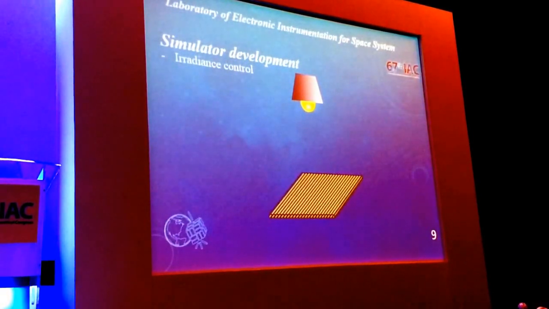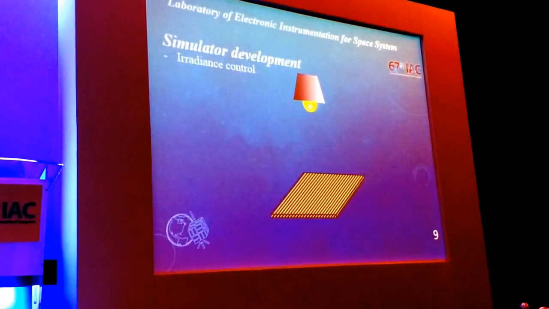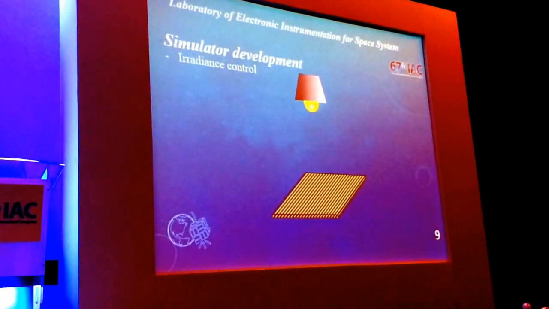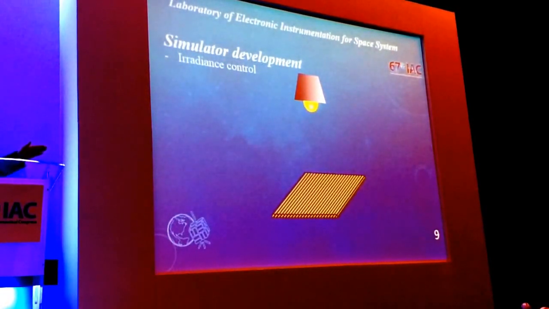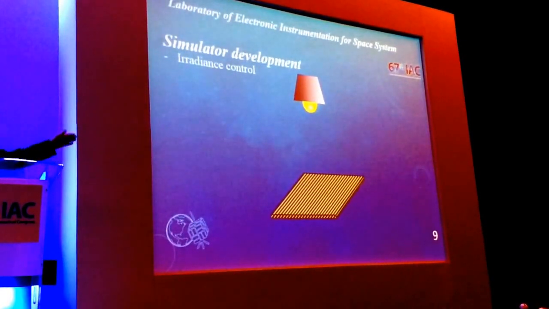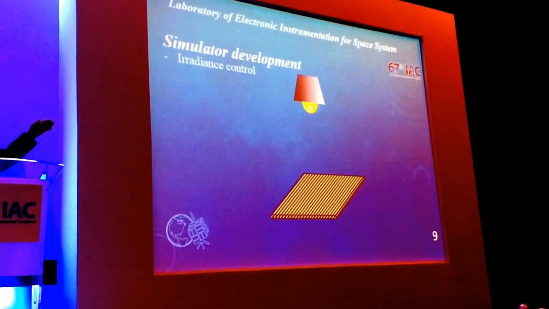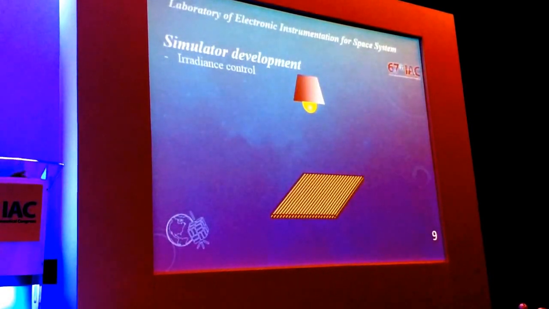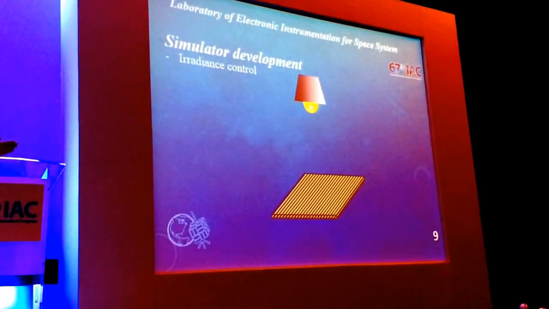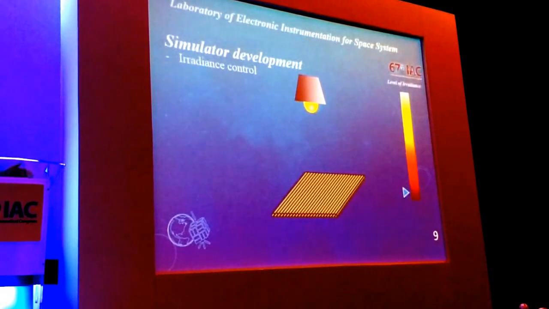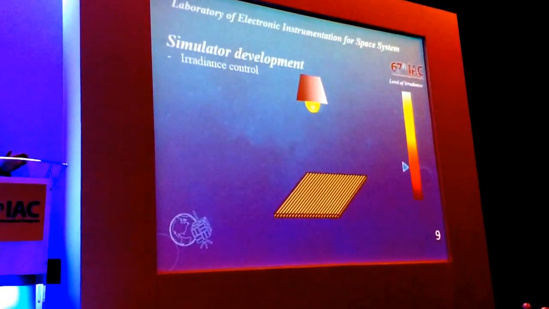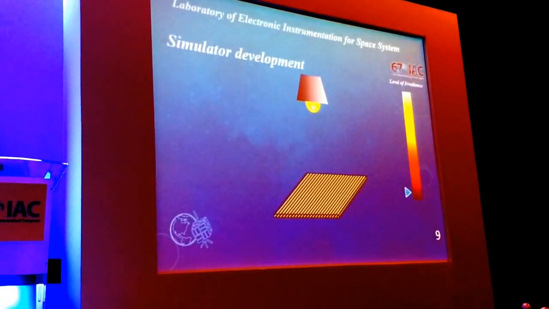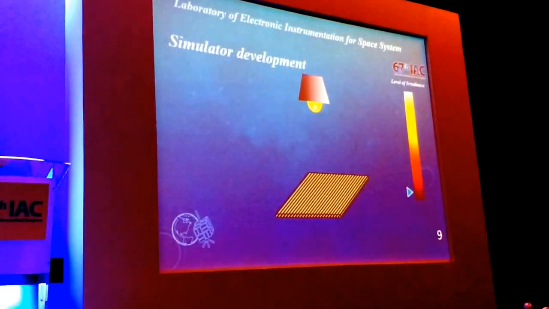And the end result of this investigation was to develop a simulator that has the capability to move the distance between the test plane where we put our photovoltaic panel, and a fixed light source. I prefer to show you how this works. We have, for example, here a test plane, and when the distance between the test plane and the light source is very close, the irradiance is more.